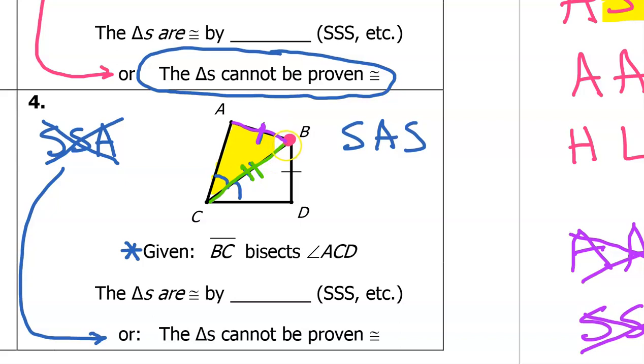Is that the angle that is marked congruent? No, the angle marked congruent is way over here. So the angle is not between the two sides. So that makes this a side-side angle situation, which means that the triangles cannot be proven congruent. Leave this blank.